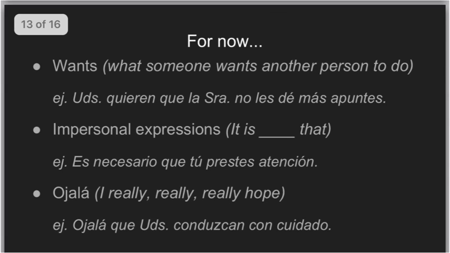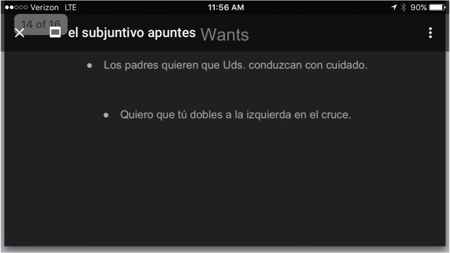You have here a couple of sentences, and what we'll end up doing is I would like you to write down where it says, vamos a hacer una actividad con las 6 oraciones.